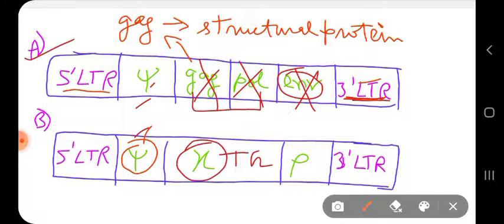Sorry, psi gene is actually responsible for packaging the RNA molecules into the host cell. So it is required for packaging. It has to be retained in this genome, whereas the GAG and POL genes and the ENV gene have to be removed. In that place, we will use a promoter and also the gene of interest, which is the therapeutic gene.